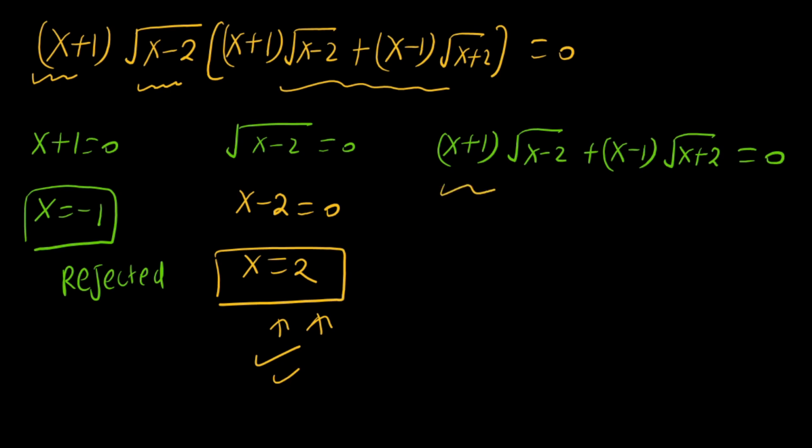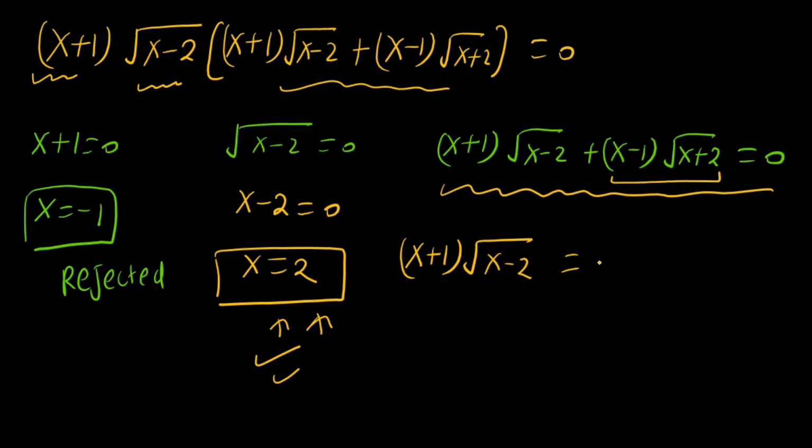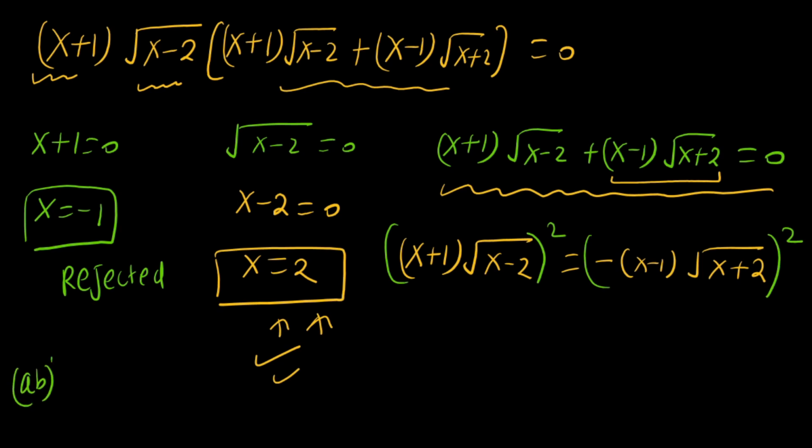Now solve this case. This is the same as (x plus 1) times square root of x minus 2, and this expression if we take on the right hand side, then it is minus (x minus 1) times square root of x plus 2. If we square both sides, we apply the rule (a times b) to the power m equals a to the power m times b to the power m.